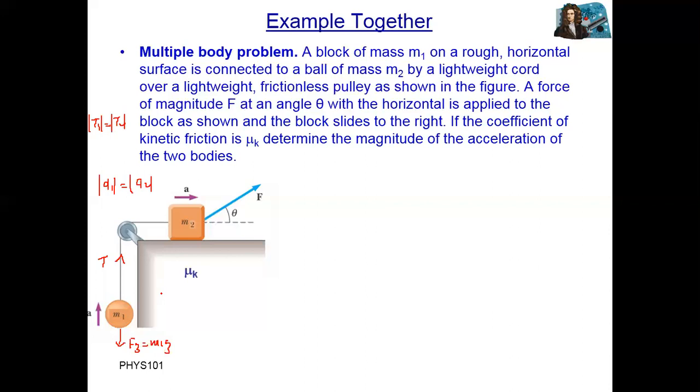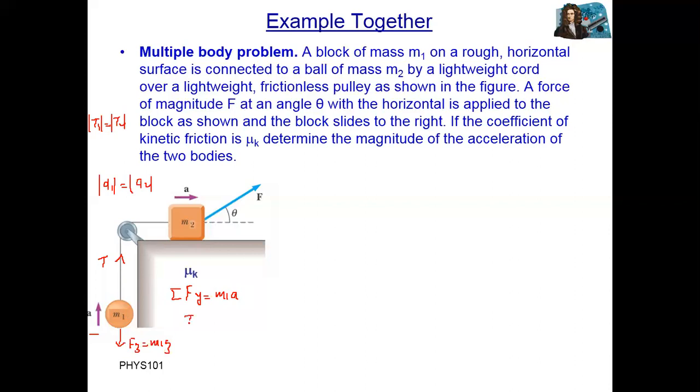So how many forces? We have some acceleration. So we can say that the sum of all forces on mass number one along the y-axis is equal to m1a, because we have acceleration. How many forces? Two forces, tension and gravitational force.